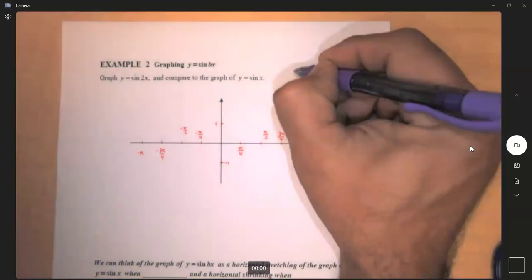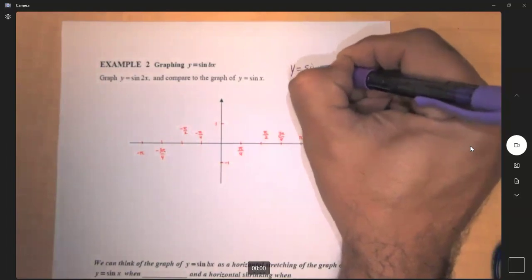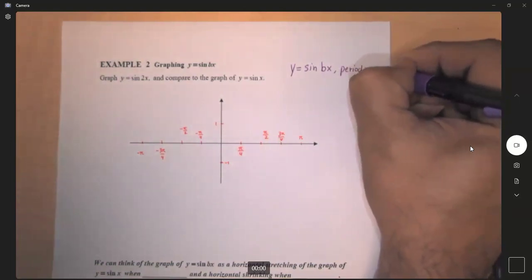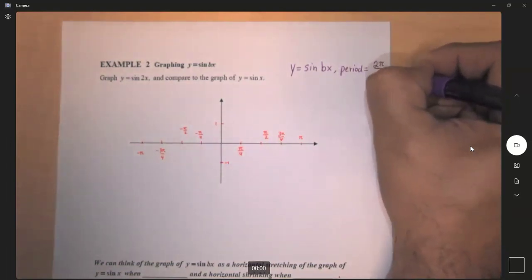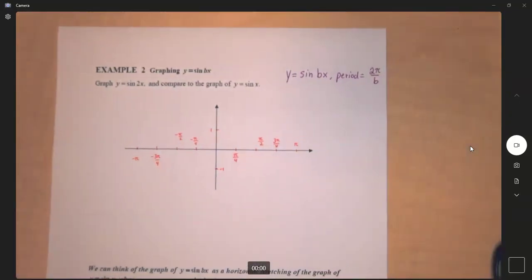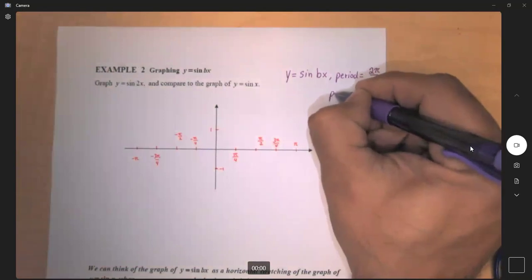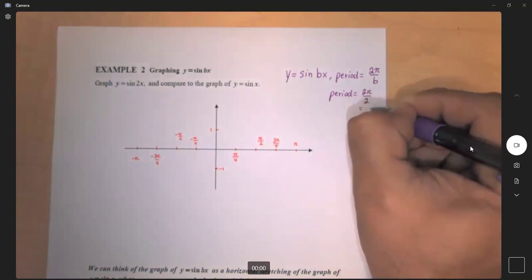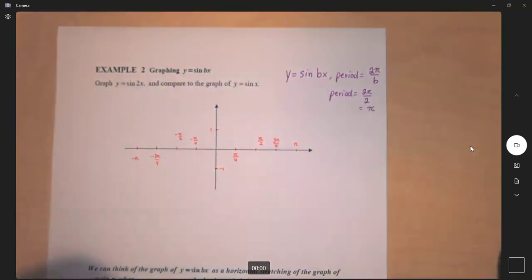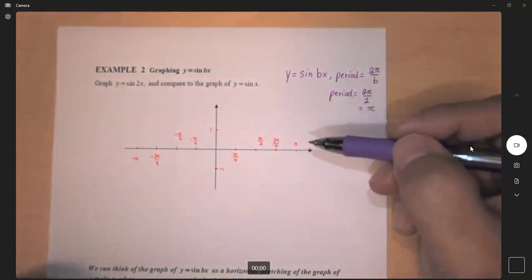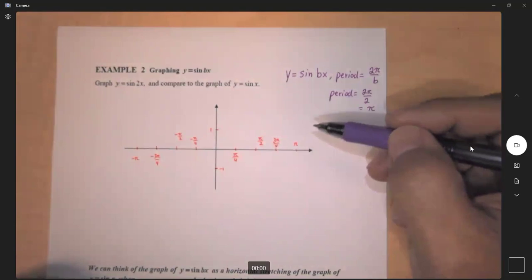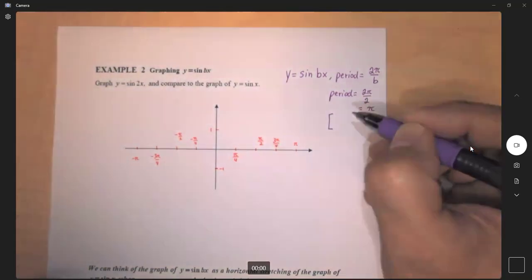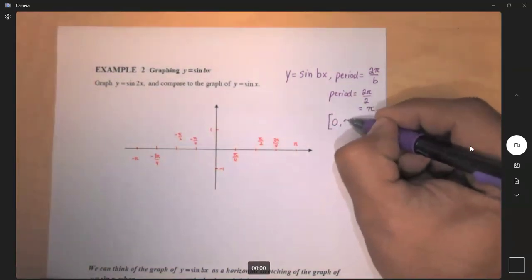And so if I call this sine bx, then the period of that specific graph would be 2 pi divided by b. And so for this one, the period would be 2 pi divided by 2, which means it's pi. So now the graph would repeat in intervals of pi. So my new graph, instead of going between 0 and 2 pi, will now go between 0 and pi.